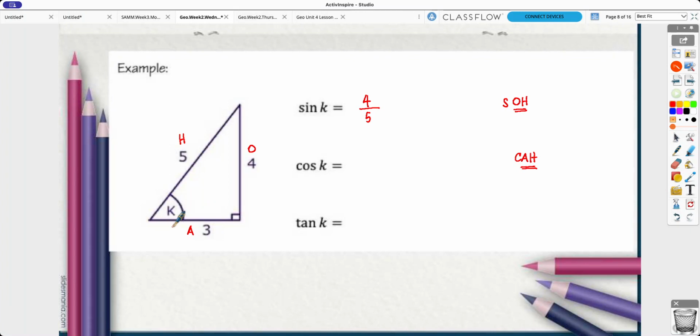So the A, the adjacent side, is 3, and the hypotenuse, the H, is 5. Then for tangent, we have the TOA, opposite and adjacent. So the opposite side is 4, and the adjacent side is 3. Okay, you can stop this video and try working on the next one.